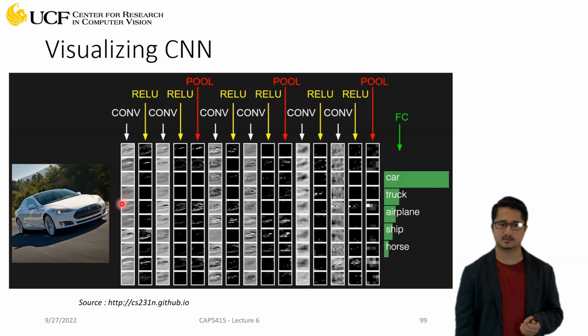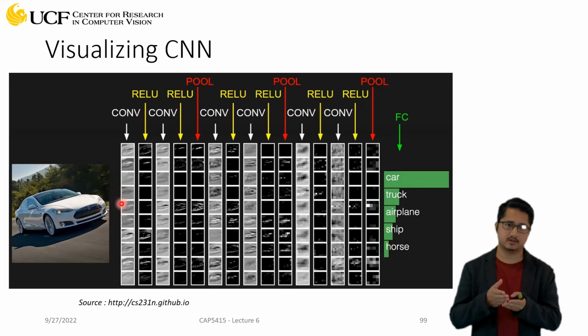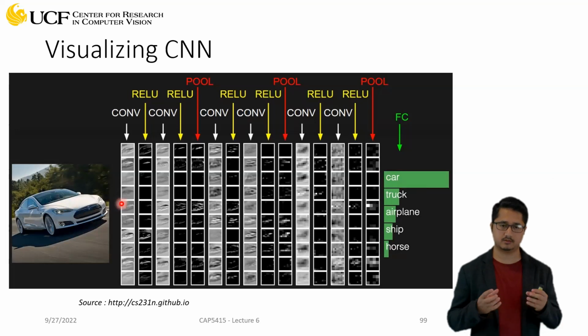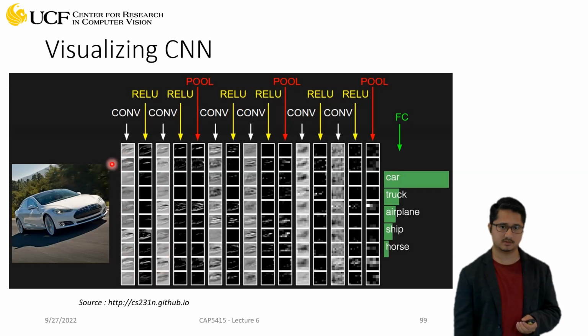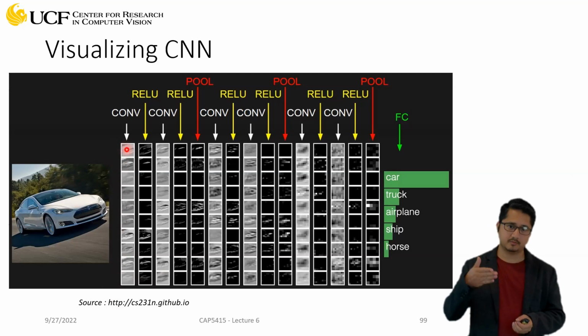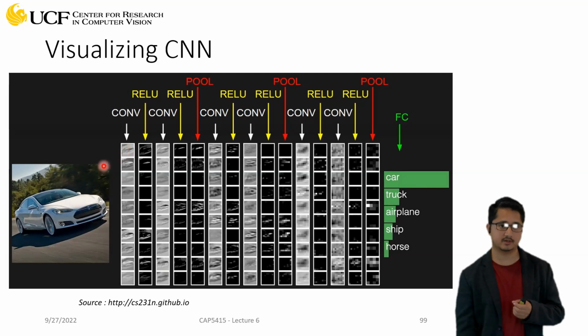And then in the first convolution layer, you will have some set of filters, right? For example, in AlexNet, we had 96 different filters. In this case, I'm showing you roughly 10 different filters. And each of these is the activation map, or you can say the output of one filter. So when you apply that filter to this image, you get an activation map like this.